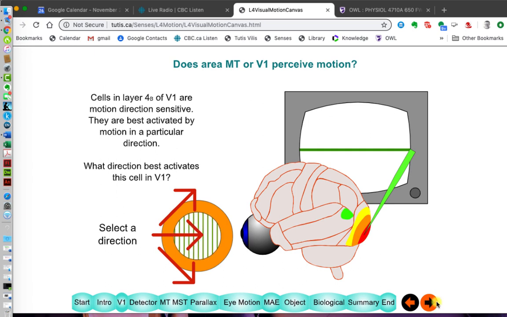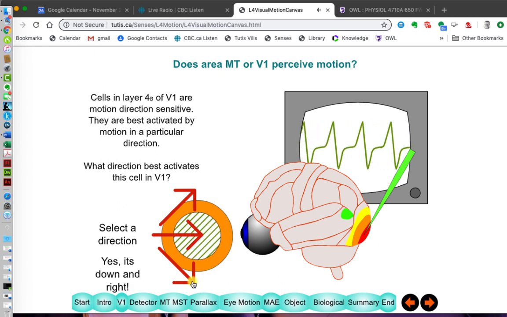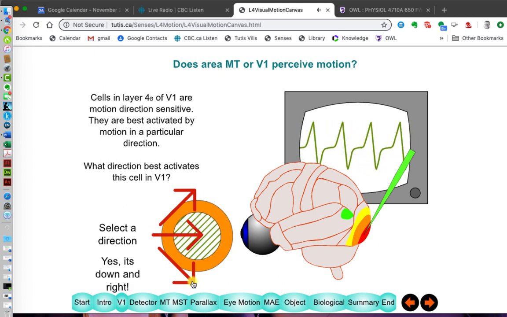So we'll do an experiment here. We have these lines moving in different directions, and we're recording first from V1, and then we'll move over here to MT. We provide a stimulus in different directions. Now it's horizontal. Now it's moving down to the right.